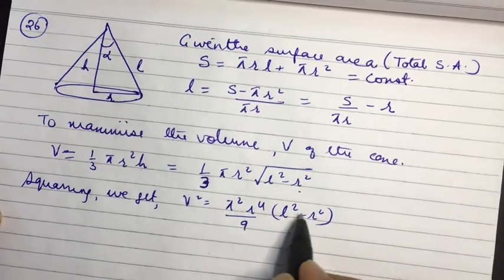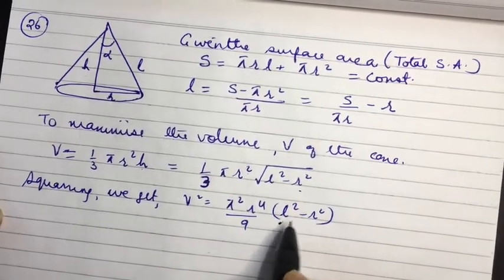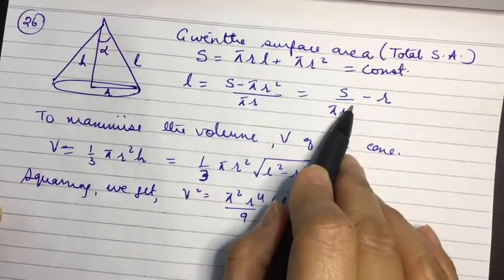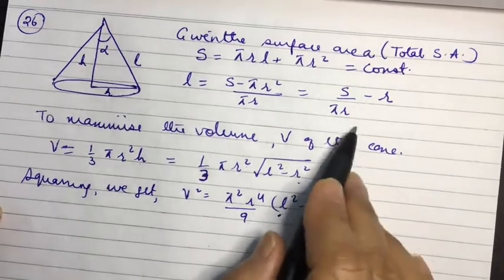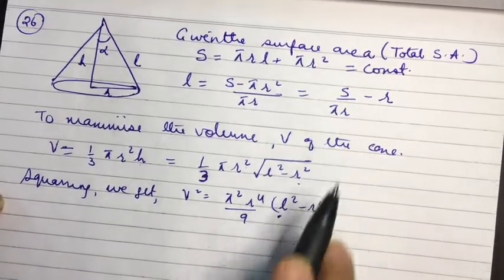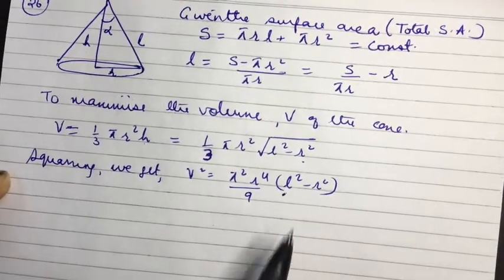Here we have to replace this L square by L in terms of s, so that we get everything in terms of r and s, where s is a constant and r is the only variable.